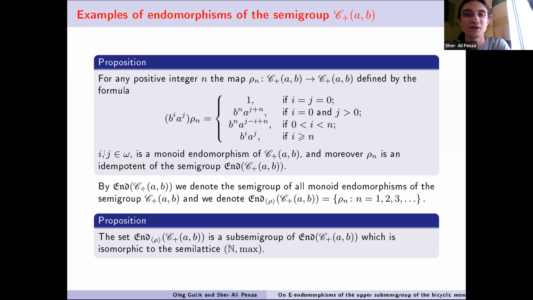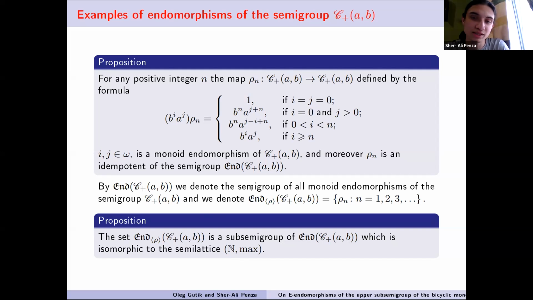And on this slide, we see an example of an E-endomorphism. For any positive integer n, the map rho n, defined by the formula, is a monoid endomorphism, and moreover, rho n is an idempotent of the semigroup of endomorphisms of our monoid.